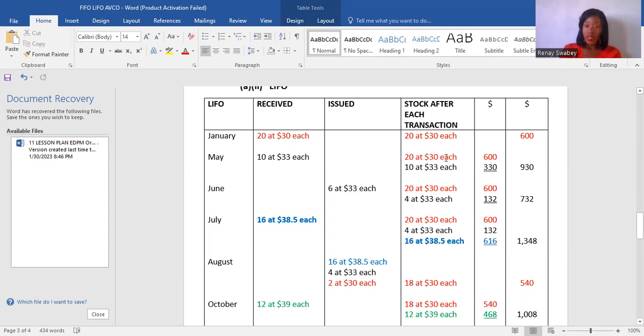So we rewrite our 20 at $30 each. That's the good that was in January, right? Multiplied, that is the 600 that we took from here, we replaced here. Now this second item that we purchased in May, we didn't sell any from it in May. So we put back the same amount here after doing our stock taking. Same calculation, 600 plus 330 gives us $930 for closing stock.